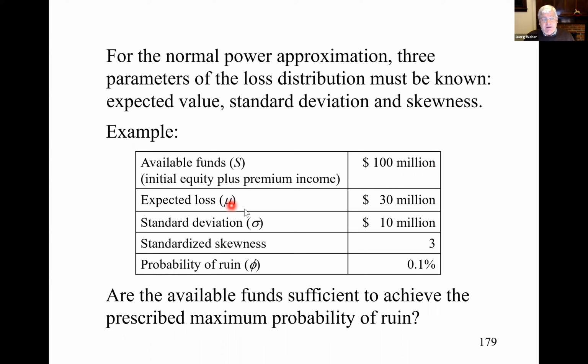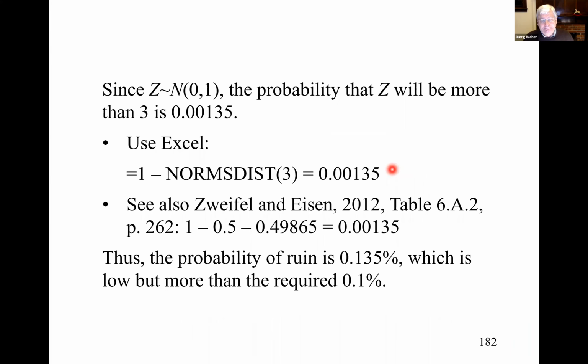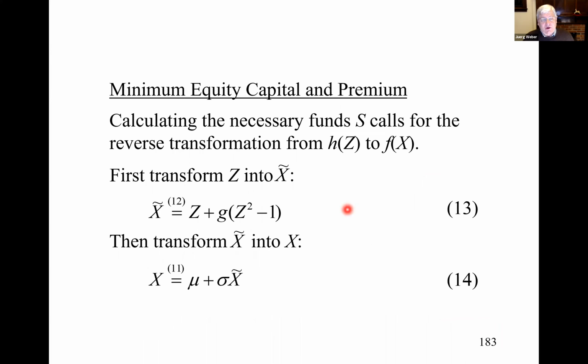We know the expected loss, the standard deviation, the skewness. We also have the probability of ruin. We will now ask how much capital do we need? And it's just a reverse problem. You are given the Z, transform it into the X tilde, transform it to the X. The X is the capital.